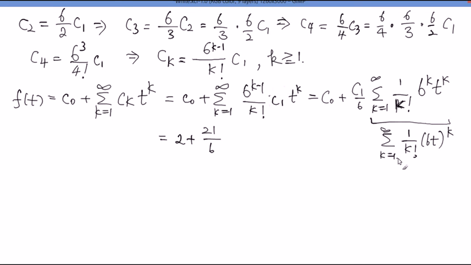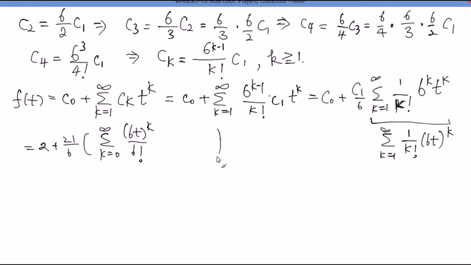If it has k starting from 0 to infinity, that will be the full copy. So let me do it this way. c0 was 2 and c1 over 6 plus, alright, this is multiplied. I wanted to have the full copy, k from 0 to infinity of 6t to the kth power over k factorial. But that's not what it was in here.